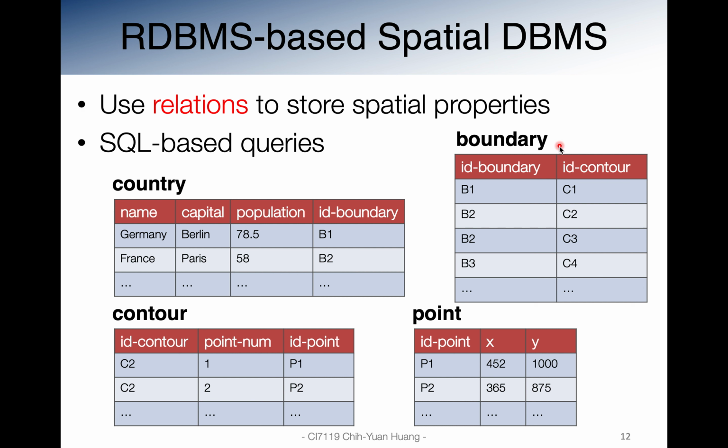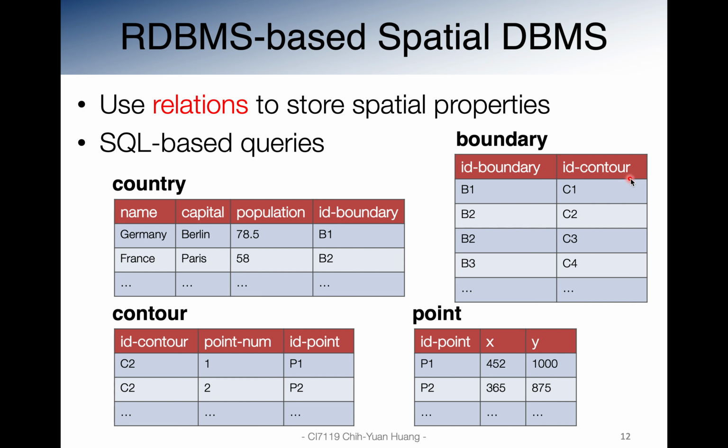Inside the boundary table, we have the ID of the boundary, which serves as the primary key to link to the ID boundary in the country table. And the boundary table, instead of directly storing the actual coordinates, links to the ID of the contour.